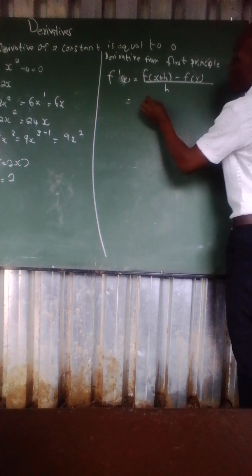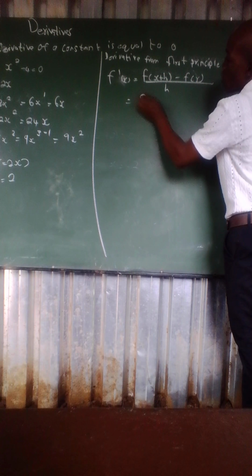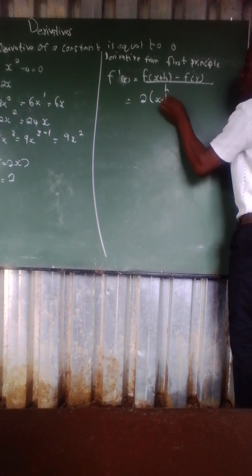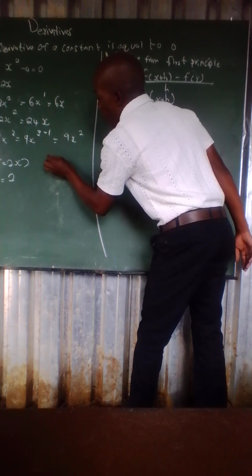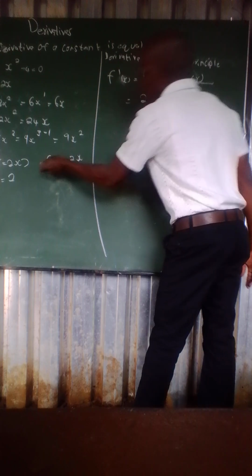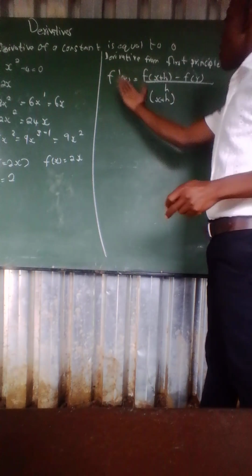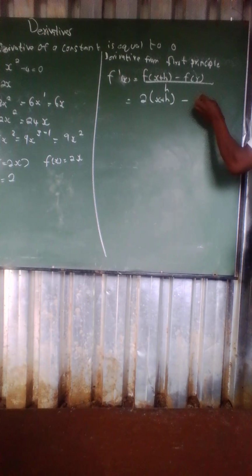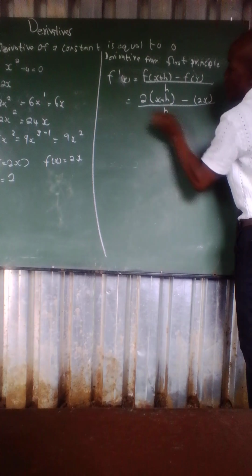On your first principle, where you see x, you put x plus h, and then when they say minus f of x, it was given as f of x equals 2x. That's why we say f prime of x, it represents first principles. Then you minus your 2x and divide by h.